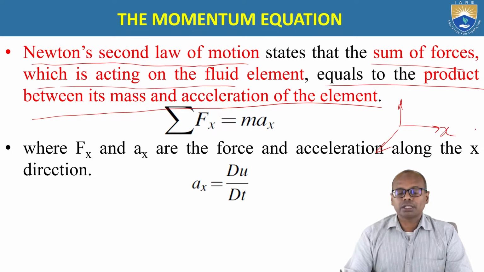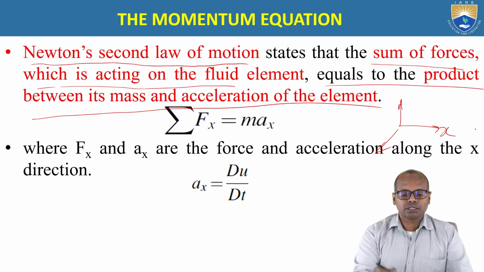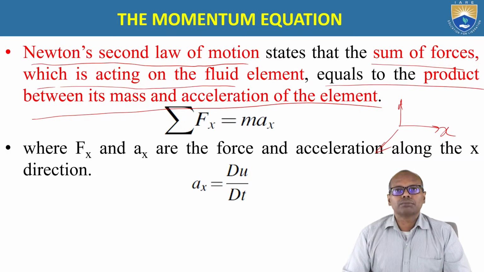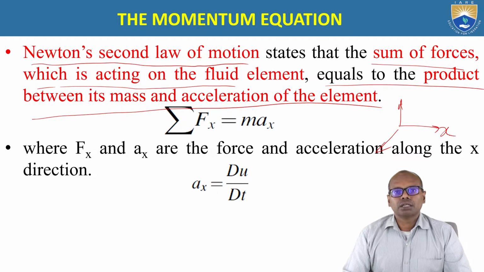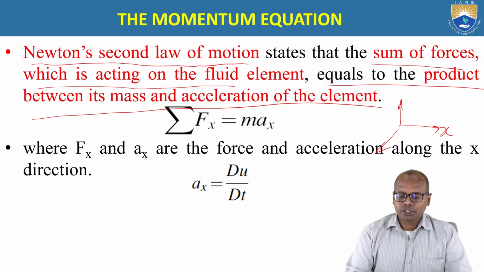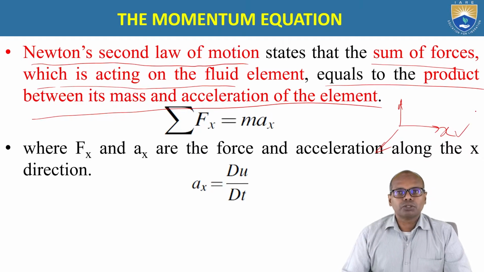Force and momentum are all vectorial things, so we can consider one component, and similarly we can draw the relation for the other two components. The component which we are going to do is the x component.